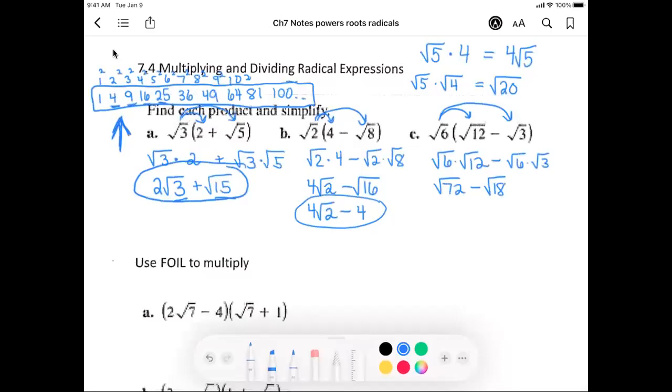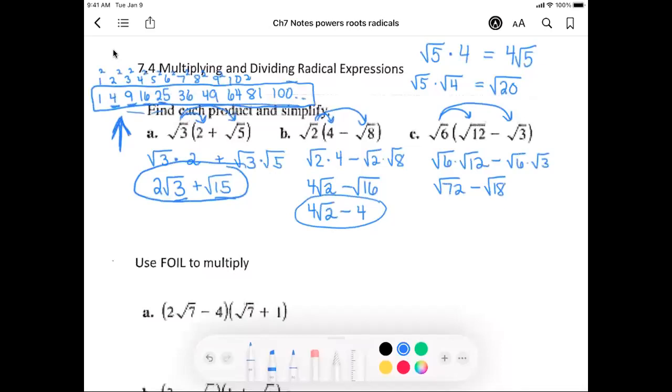As soon as I saw 72, the first number that came to my mind was 9. But actually, there is a bigger perfect square that's a factor of 72. And you want to choose the biggest one. What's the biggest perfect square that's a factor of 72? 12 is not on this list.